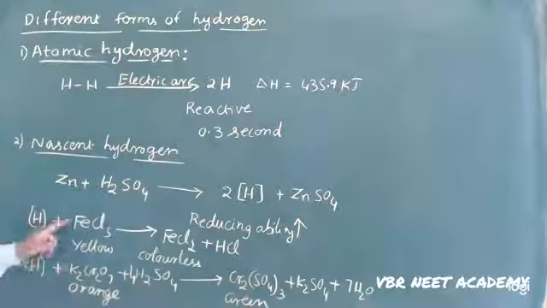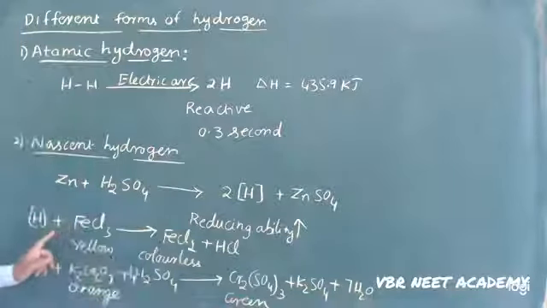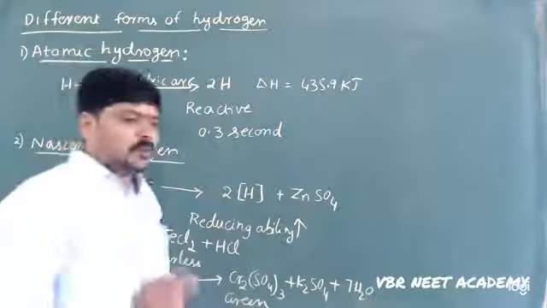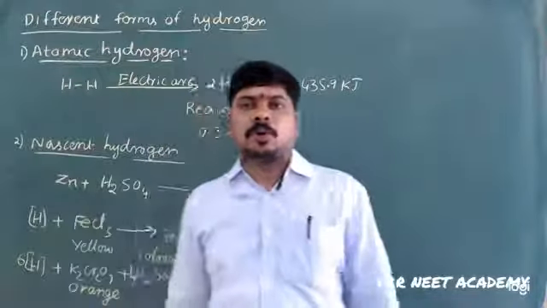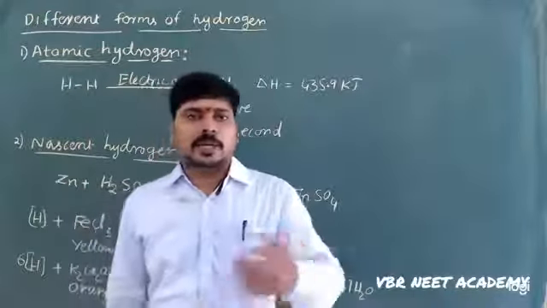So these are considered strong oxidizing agents. These strong oxidizing agents are also converted to their reduced form by your nascent hydrogen. That much strong reducing ability your nascent hydrogen has. And one more, I said, the violet color of KMnO4 gets decolorized. KMnO4 has violet color.